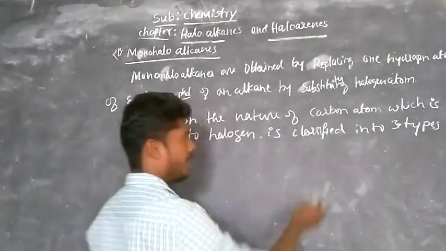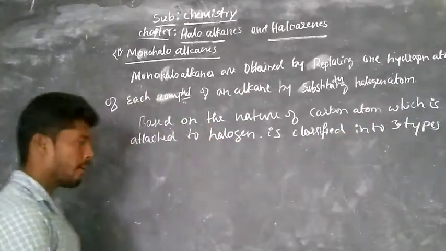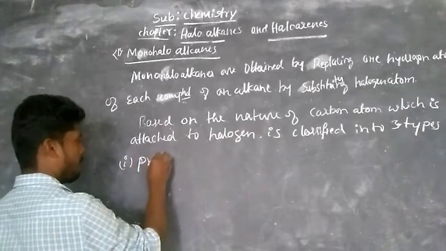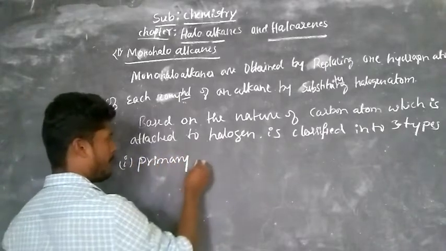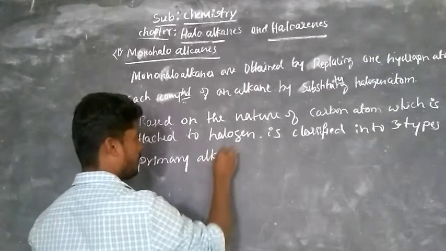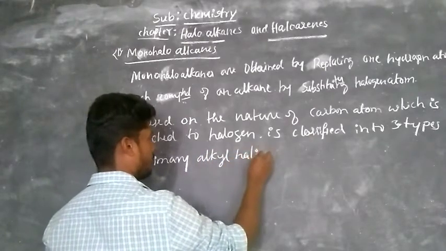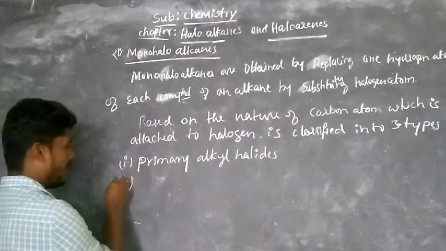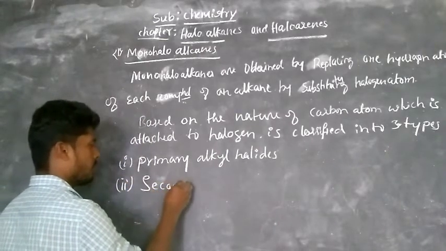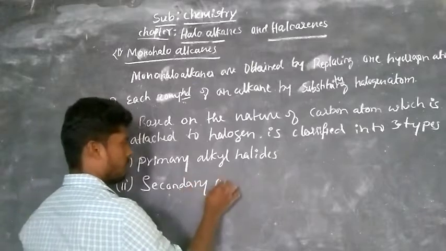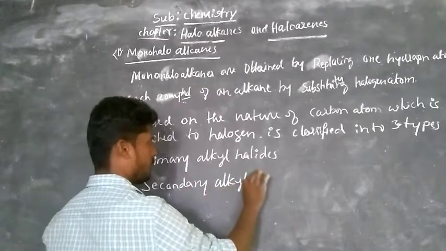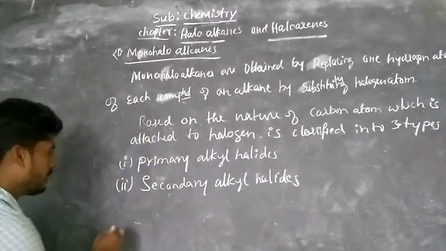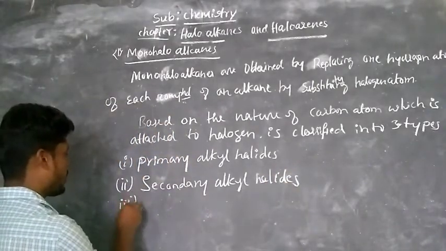They are classified into three types: primary alkyl halides, secondary alkyl halides, and tertiary alkyl halides.